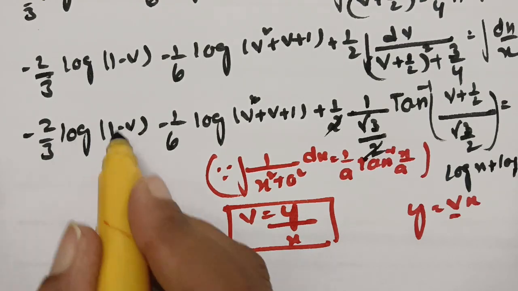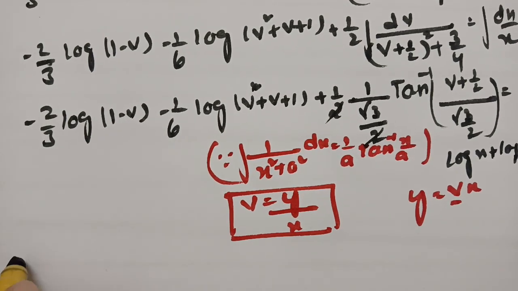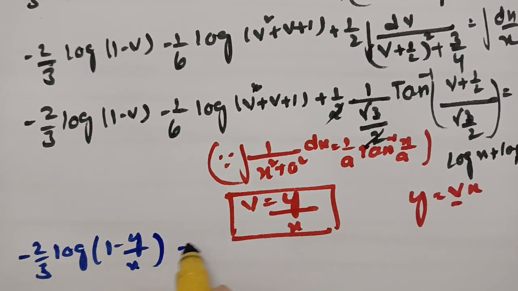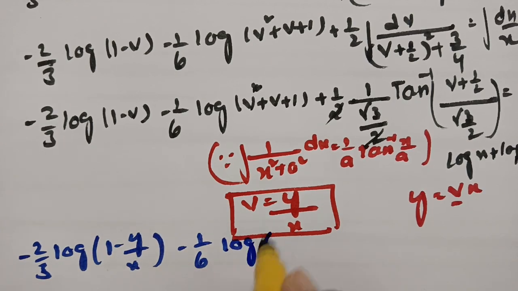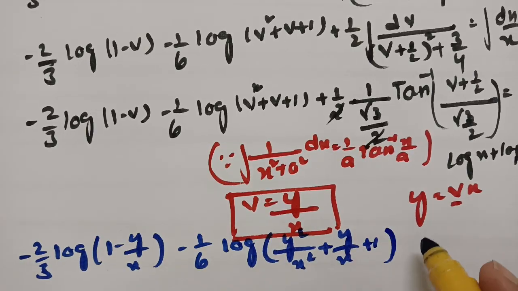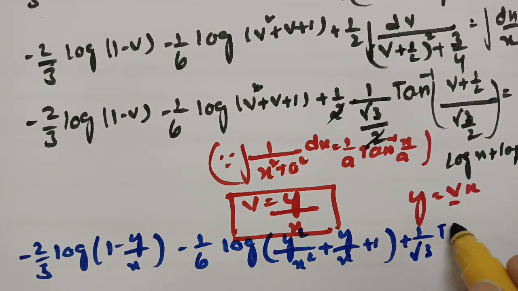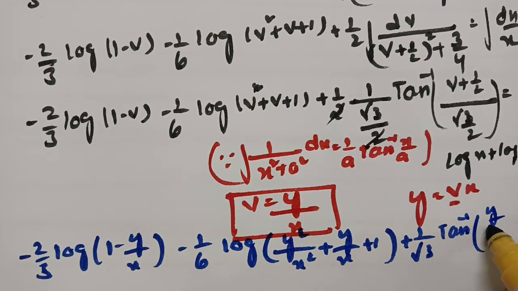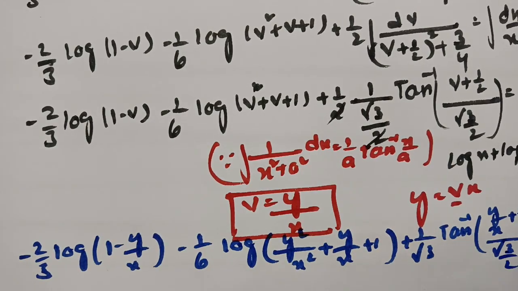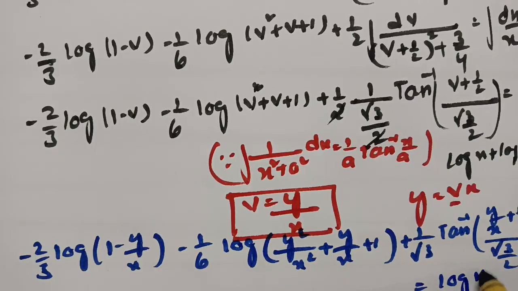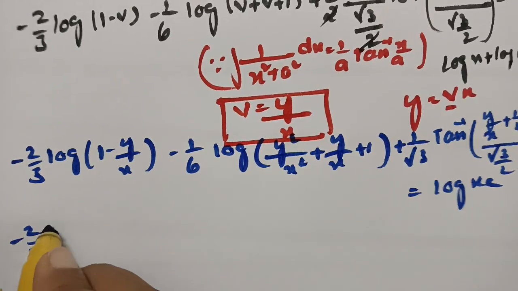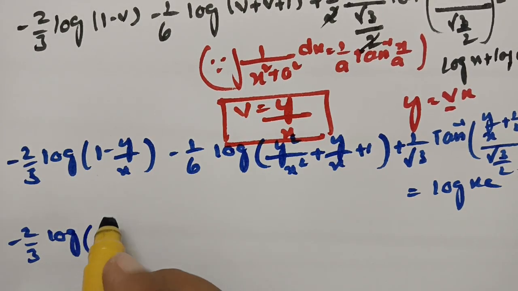And therefore if I substitute in place of v as y by x, this is minus 2 by 3 times of log of 1 minus y by x, minus 1 by 6 of log of y squared by x square plus y by x plus 1, and this is 1 by root 3 times of tan inverse of y by x plus half by root 3 by 2, which is equal to log xc.